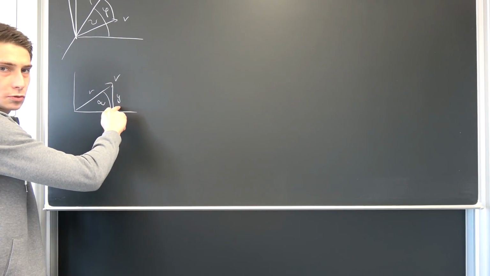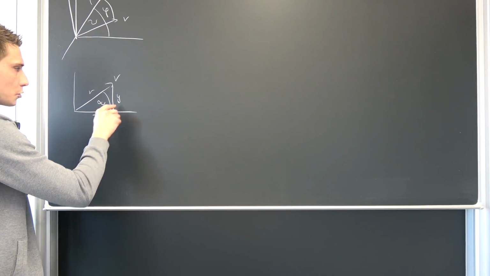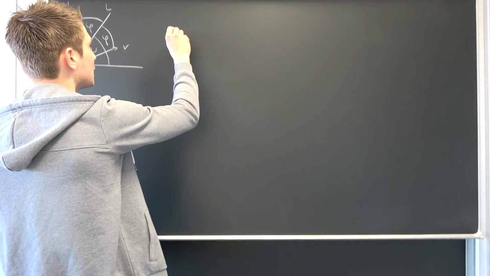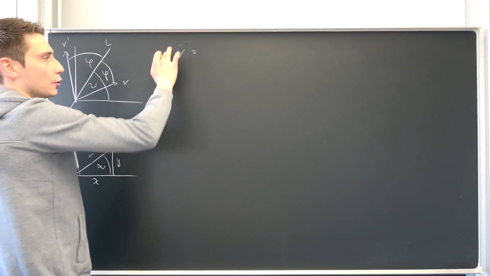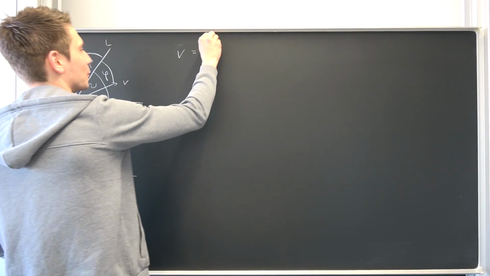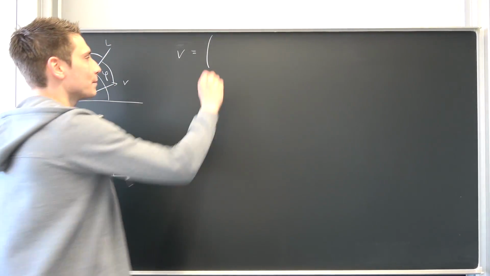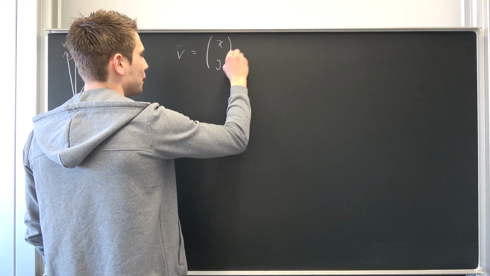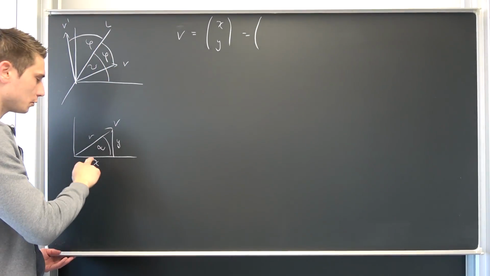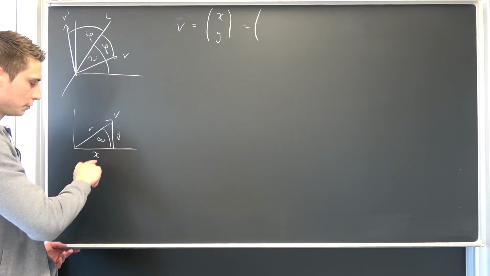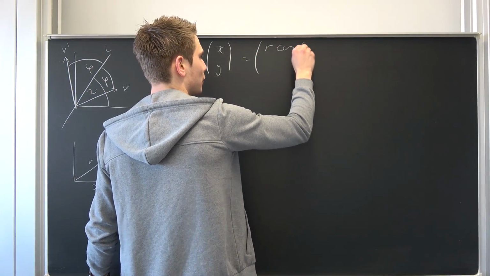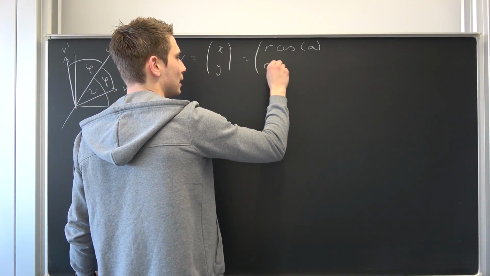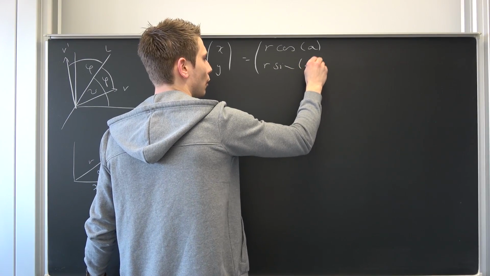This line corresponds to the y length and this line to the x length, meaning our vector v, without the vector arrow, I'm sorry, that's just some physicist stuff, consists of some x and y coordinate. If we solve for x, in polar coordinates, it is nothing but r times the cosine of alpha. And down here we have y, r times the sine of alpha.